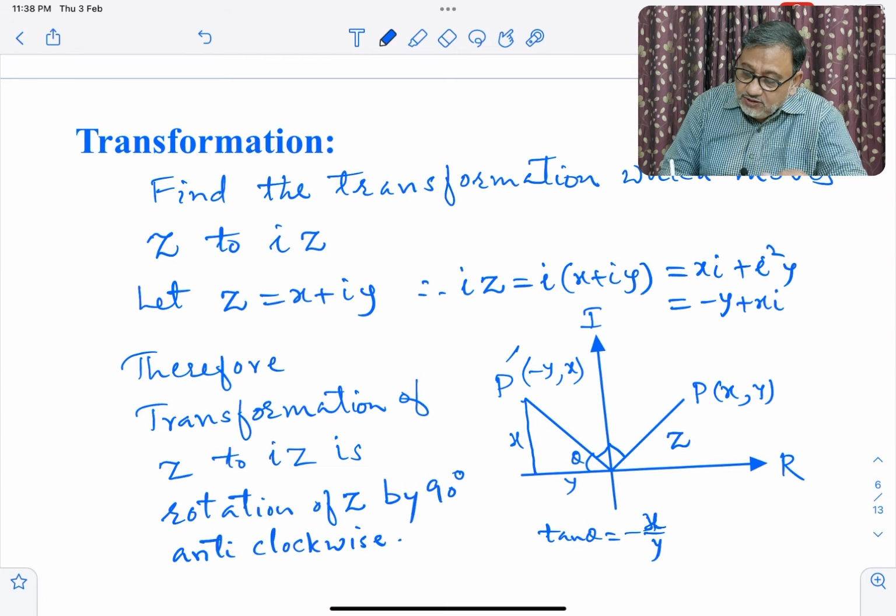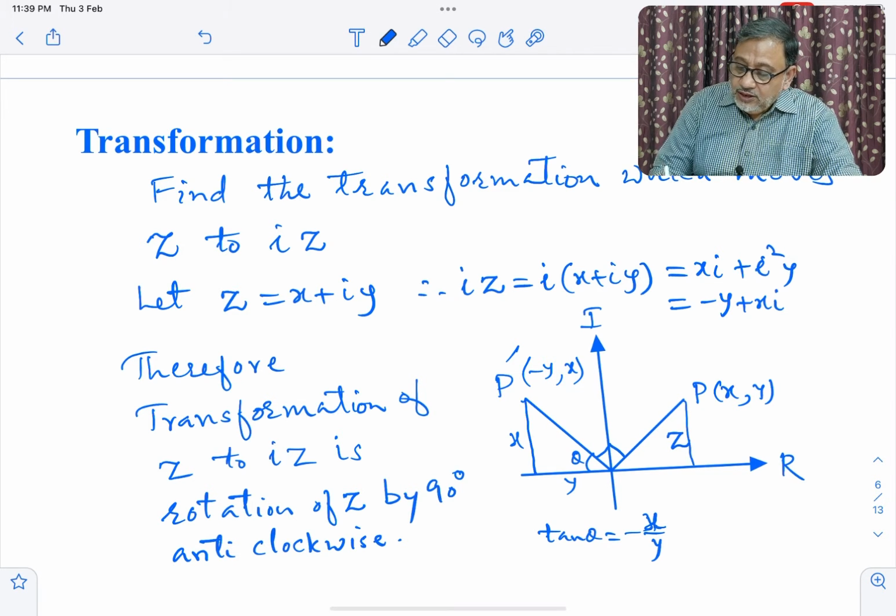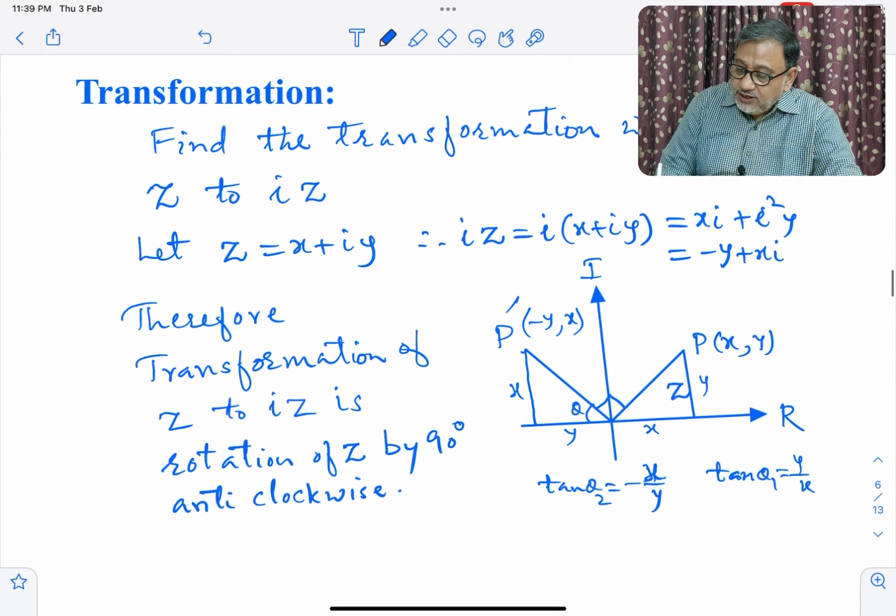Negative I am writing because I am in the second quadrant. Tan theta is negative in the second quadrant. So I hope you know it. And if you want to write this one, here is y, here is x, and both are positive. So let us call theta to this one. Then tan theta 1, the first one, is y by x.